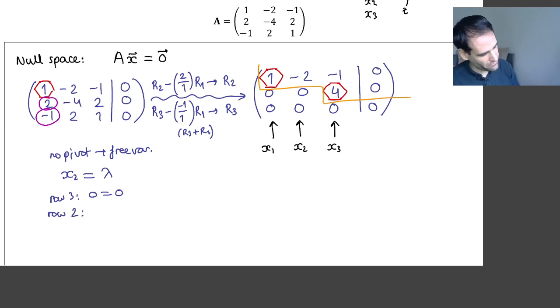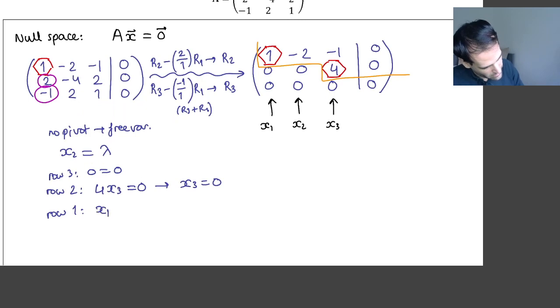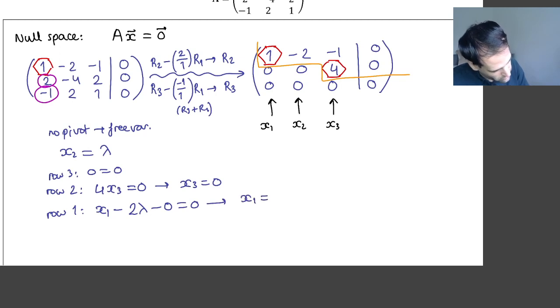From row 2, we have that 4x3 equals 0. Therefore, x3 equals 0. And from row 1, we have that x1 minus 2x2, which is minus 2 lambda, because x2 is equal to lambda, minus 1x3, which is 0, equals 0. Therefore, x1 equals 2 lambda. And just like that, we have found the solution to our system.